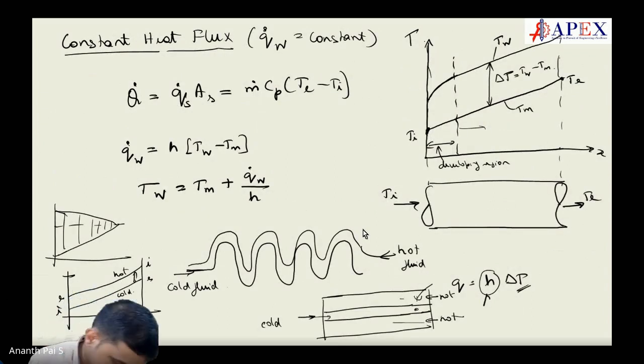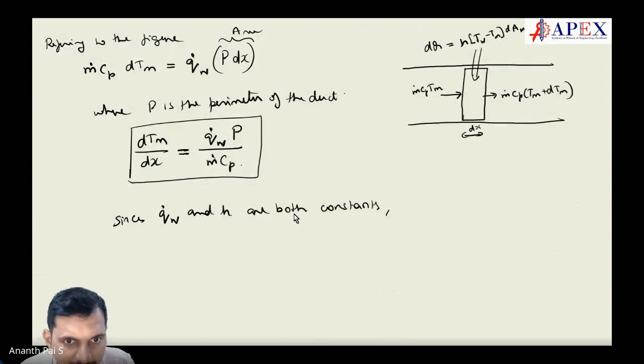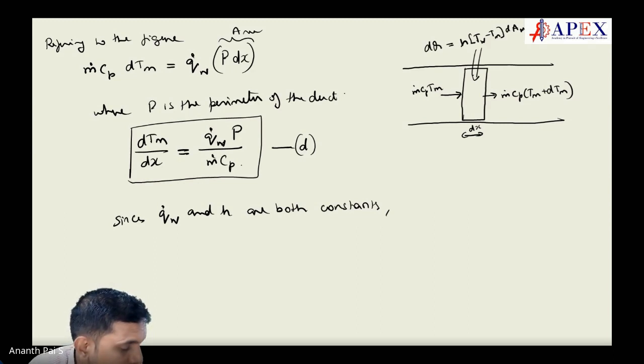Let me put this as A, let me put this as B, let me put this as C. That means afterwards when we go, we are dropping this C, and let this be D, a constant.